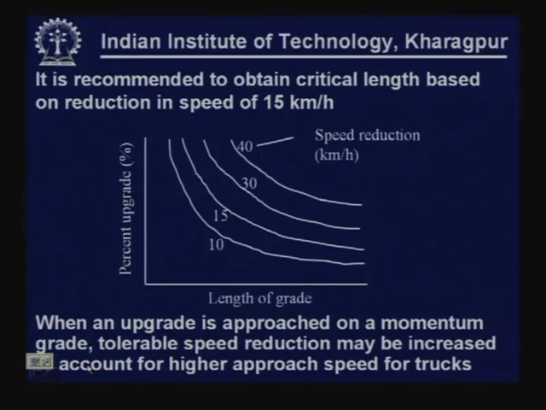This of course is the designer's judgment. So, looking at the condition, the tolerable speed reduction may be increased by a certain amount for higher approach speed for trucks. That kind of adjustment is possible and can be done.